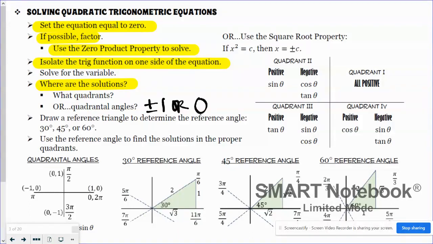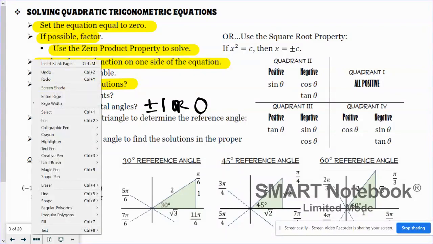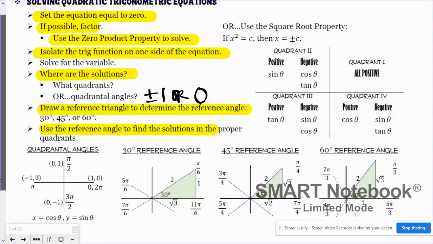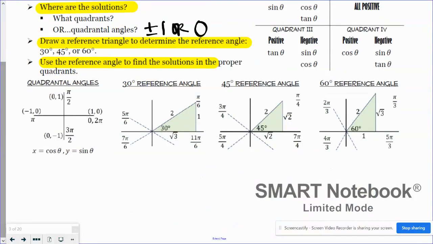If your trig function doesn't equal 1, -1, or 0, then you're going to draw a reference triangle. This reference triangle is going to help you to determine the reference angle. And then you can find the solutions in those quadrants using our wonderful reference angle diagrams, which we used prior when we were solving linear trig equations.